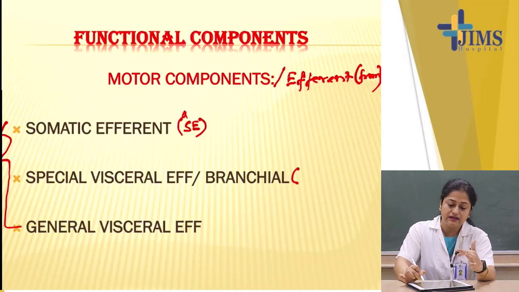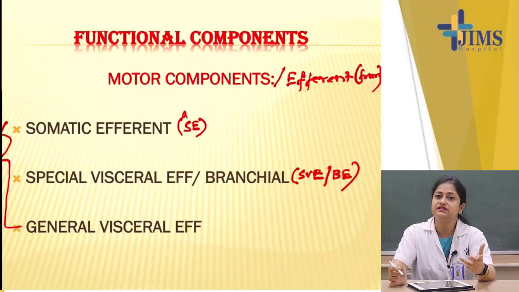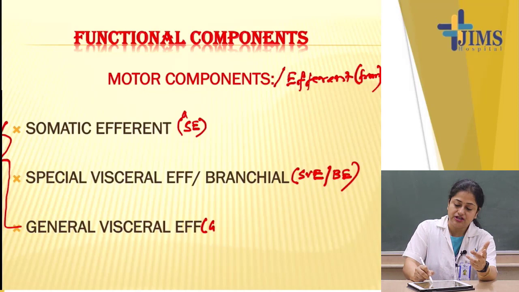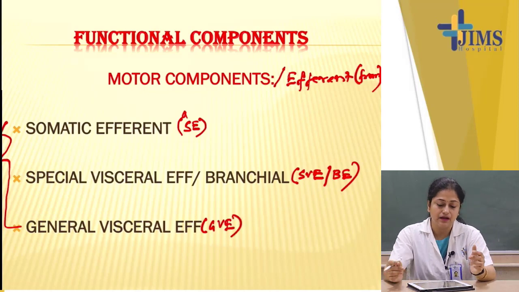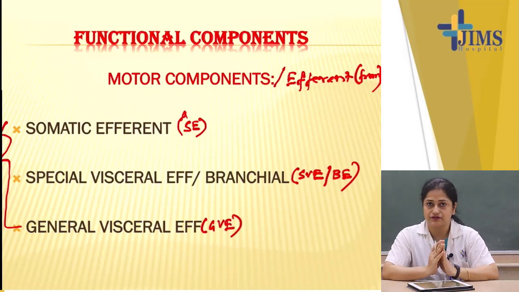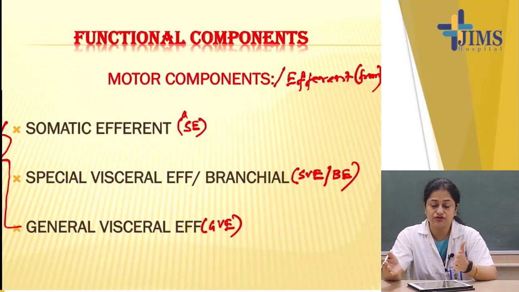Then there is the special visceral efferent, which we short form as SVE, or the same thing is also called the branchial efferent, so BE also can be mentioned. And general visceral efferent is GVE. Now, let us see which are the nerves. I will just mention them and later I will show you a picture.